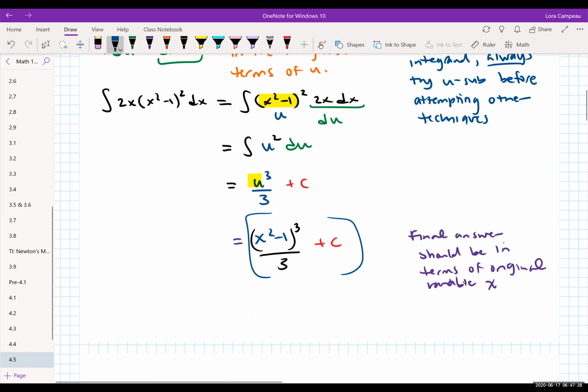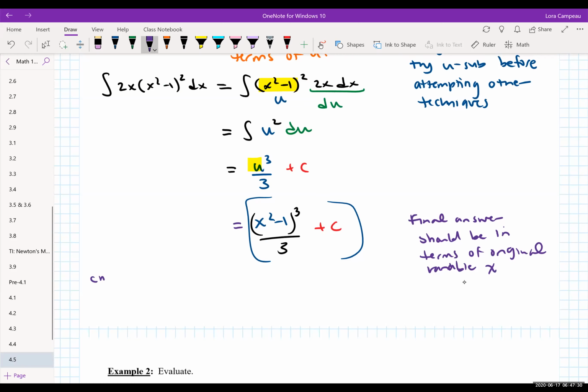Now, if you're not sure if you did this right, you could check a little bit on the side, not as part of your work, but you could say, well, what is the derivative of x squared minus 1 cubed over 3 plus c? And you notice, well, the derivative of that more complicated expression, hence the need for the u substitution, was 3 times x squared minus 1 squared, still all over 3, and the derivative of a constant is 0.